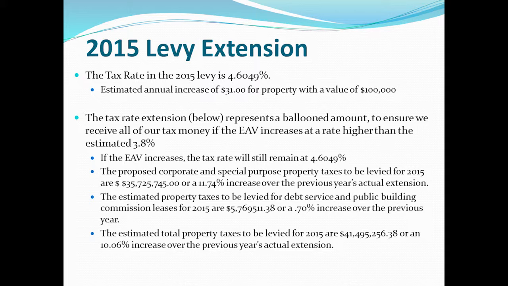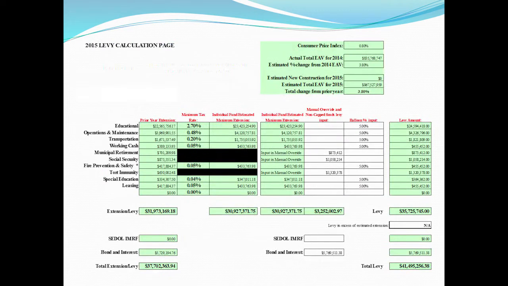The amount of revenue we get will go up, but your tax rate will not increase. So it stays at 4.6 no matter what, even if we end up getting more revenue coming into the school district. So this next sheet is the sheet that I use to actually calculate the levy, comparing what we had last year to what we have this year, and what the increases are.